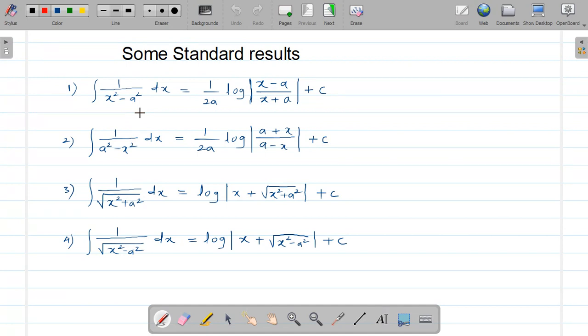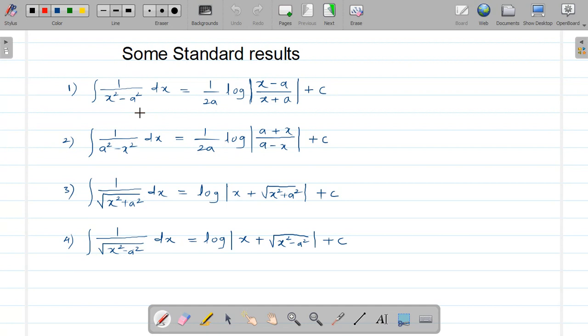So last time we have solved the type number 1, in which directly you have been given the term x square and another term as a constant. So if there is a combination in the denominator like x square and a square, then you can use the proper rule here.